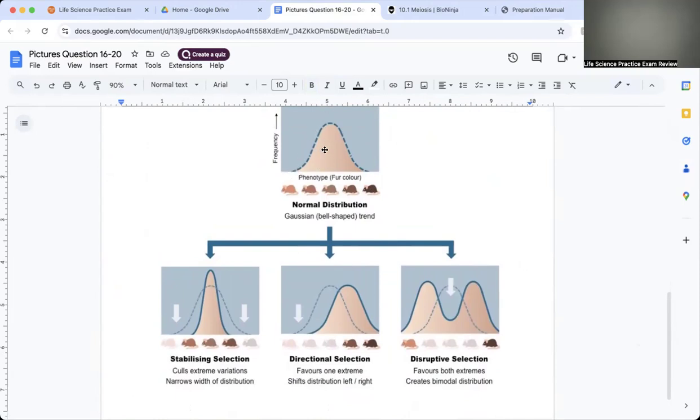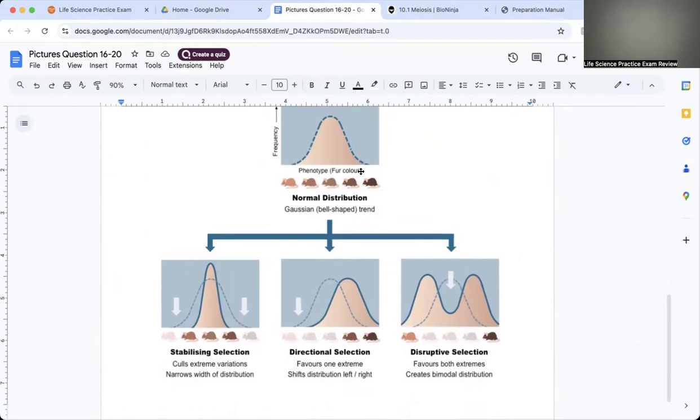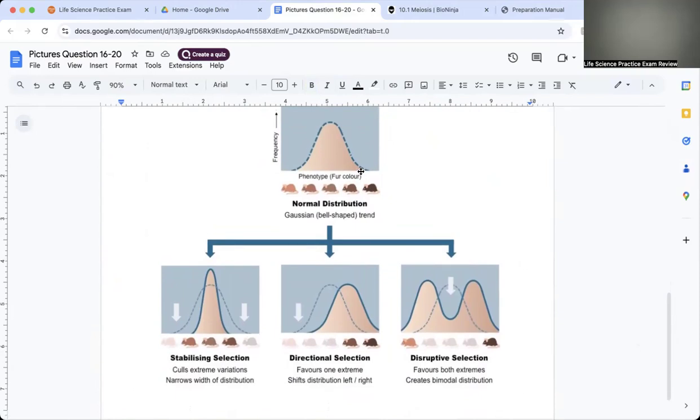Typically you have a lot of intermediates and a few of the extremes. Then there are 3 types of selection that we tend to see. One is called stabilizing selection, where for whatever reason we tend to favor the middle, with very few at the outside. You can see that the outsides have decreased and the middle has increased.